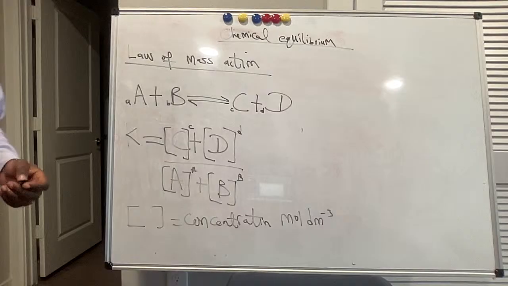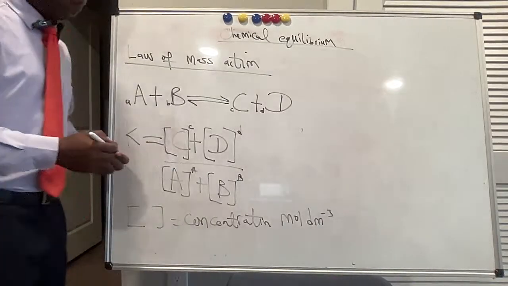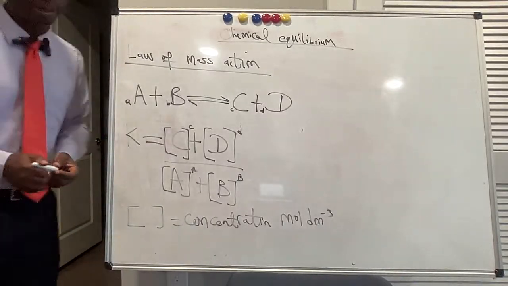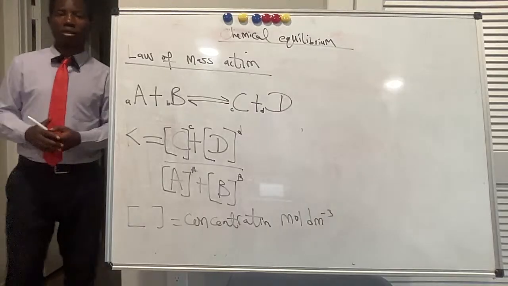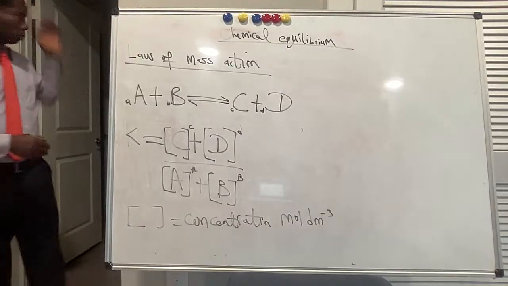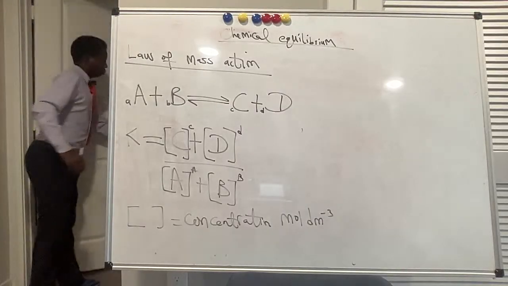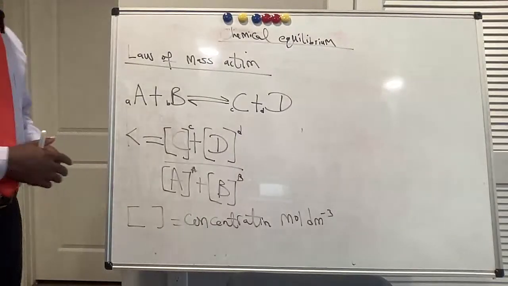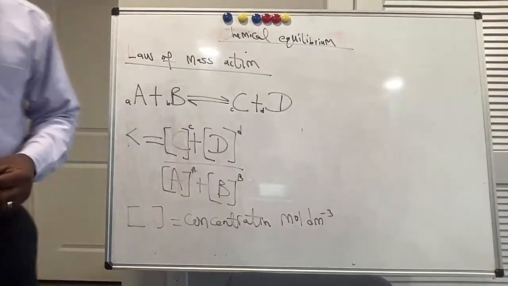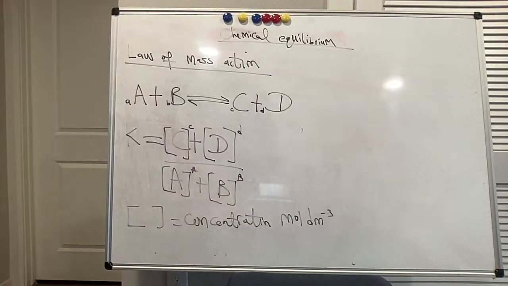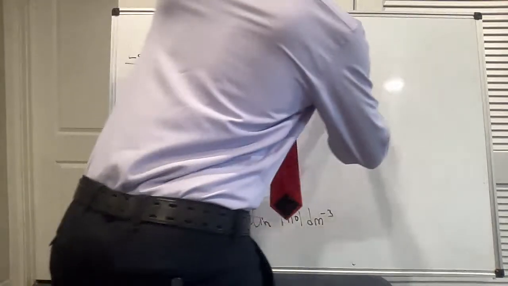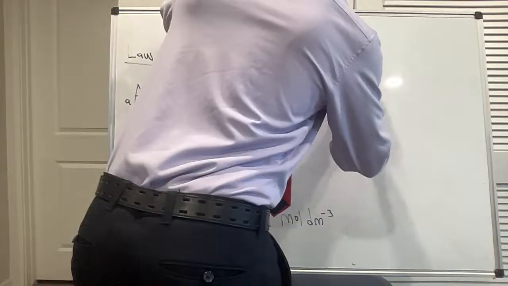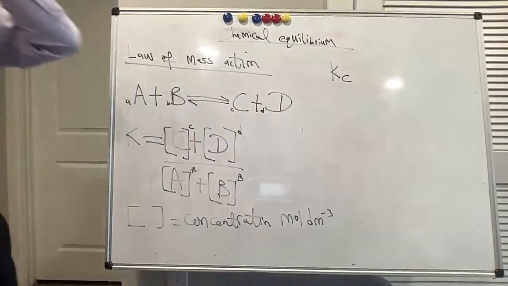So let's look at types of equilibrium constant. Number one is Kc. That is one type of equilibrium constant.